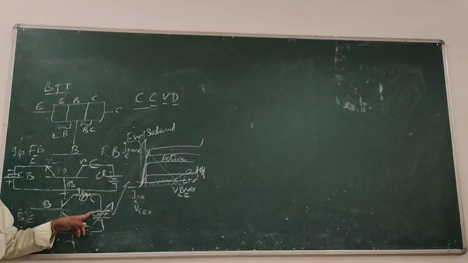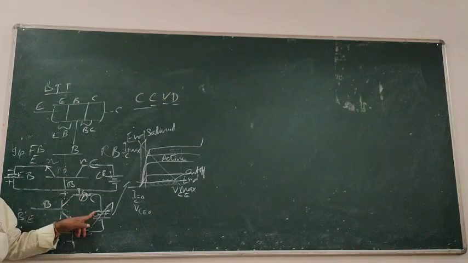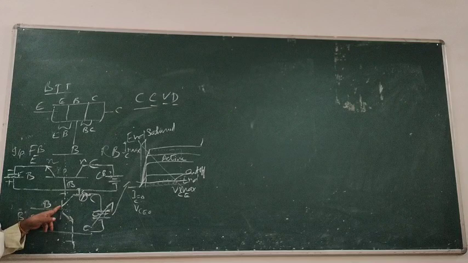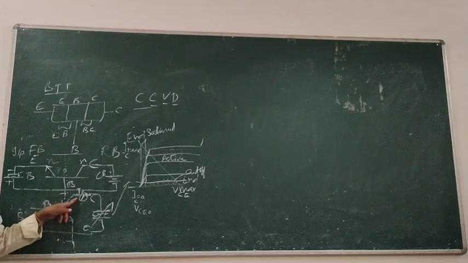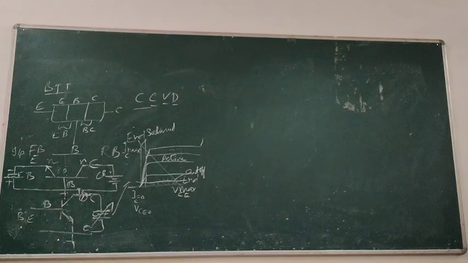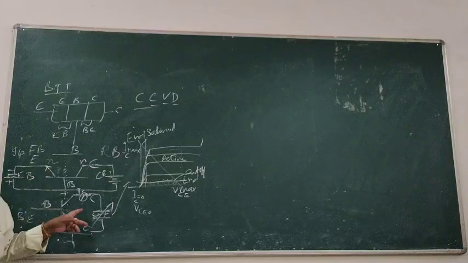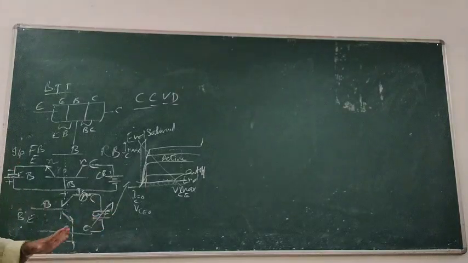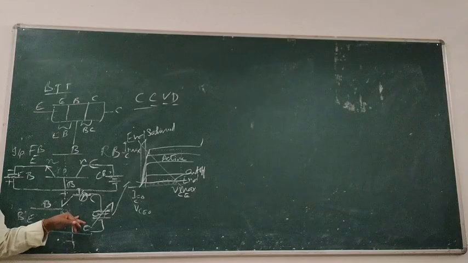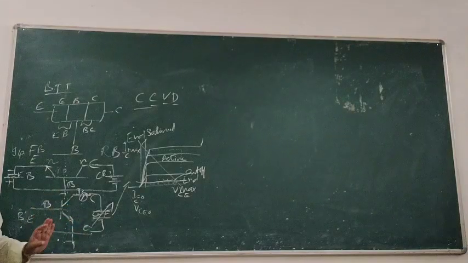Why? Here we have reverse bias. Because of this reverse bias, the junction present in the collector and base will expand. It acts as an invisible resistor. Due to that process, the voltage drop becomes more and more. That's why we can use this in voltage amplifiers.